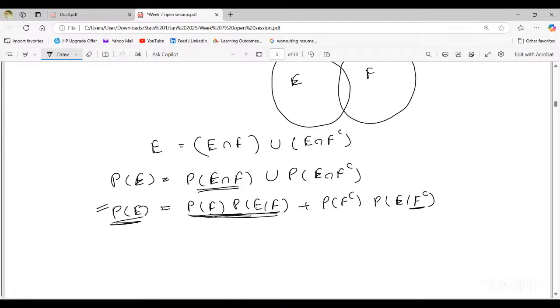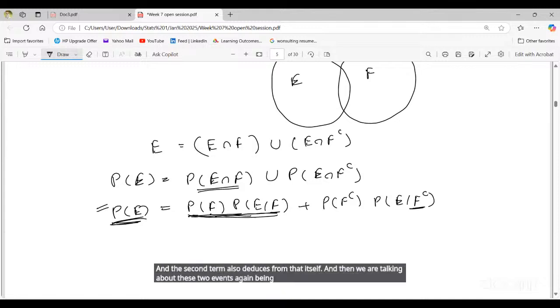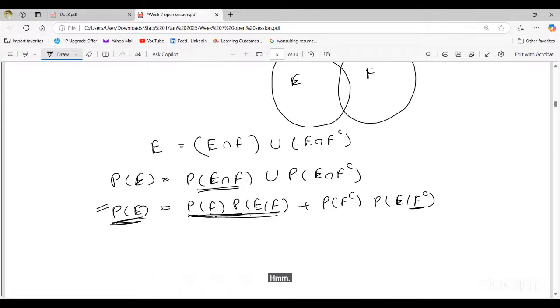I can write the probability of E like that. Yes, this follows from the multiplication rule. The first term, yes, and the second term also follows from that itself. So this is my law of total probability.